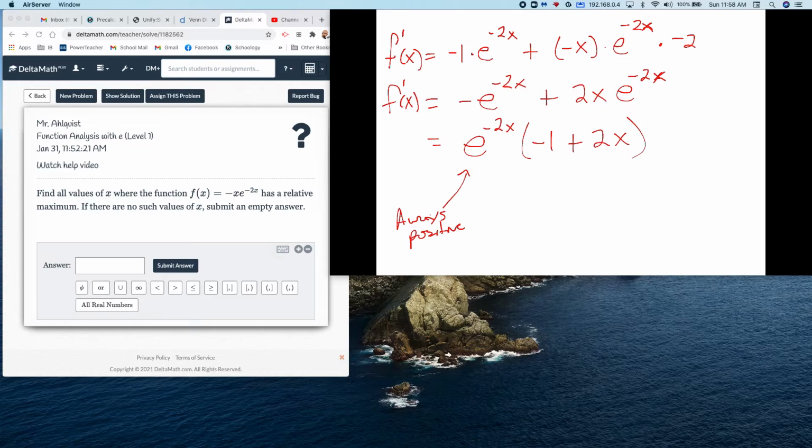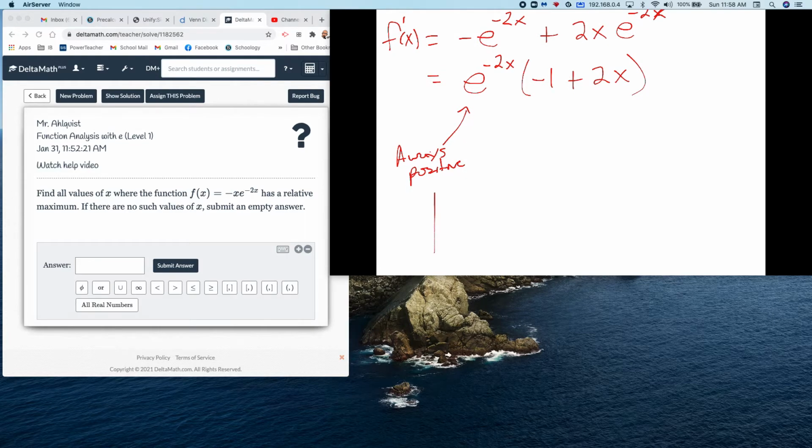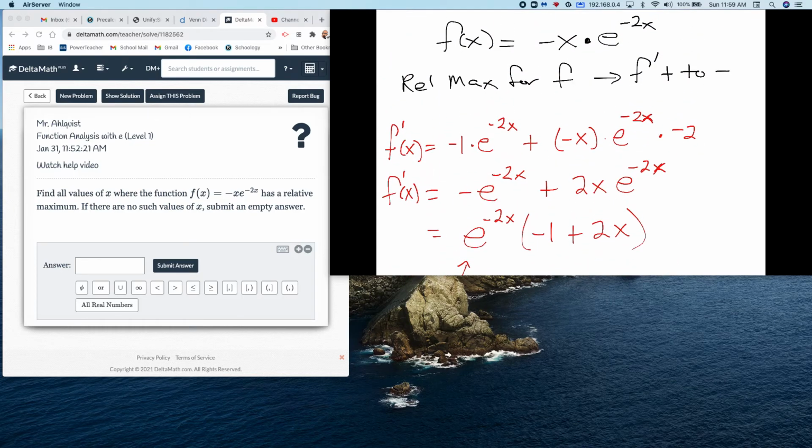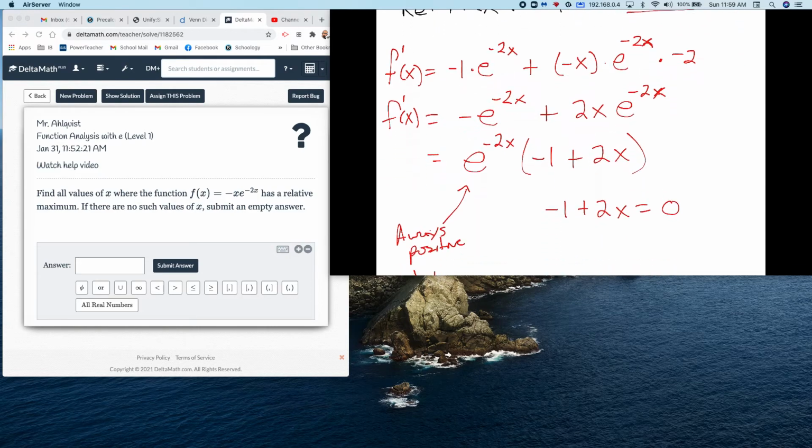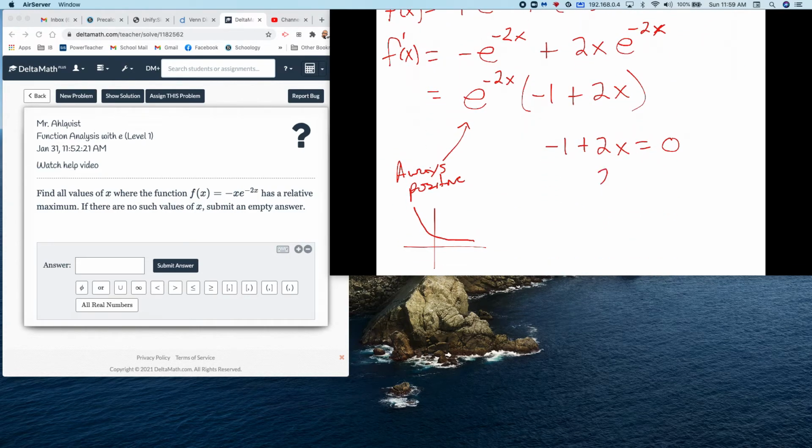If you graph that, it's an exponential decay function that kind of looks like this. So what you need to figure out is when negative 1 plus 2x equals 0, because that's when the first derivative changes signs. That's when 2x is equal to 1, so x is equal to 1/2.